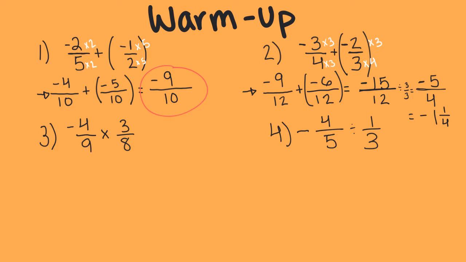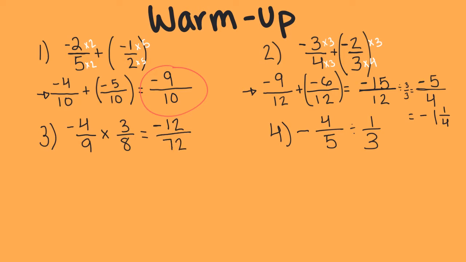That is it. So in this case, I have negative 4 times 3. I have a negative times a positive. I know that a negative times a positive is going to give me a negative value. And so negative 4 times 3 is going to give me negative 12. Over 9 times 8 is 72.